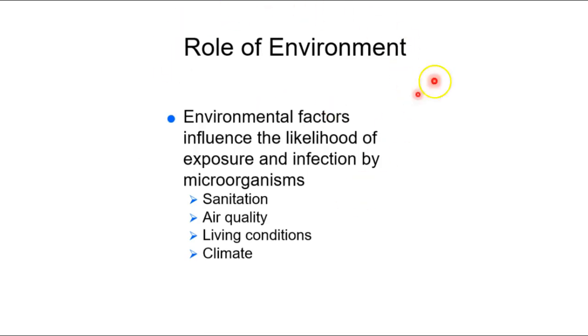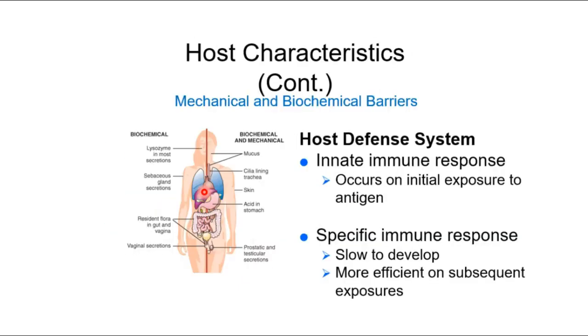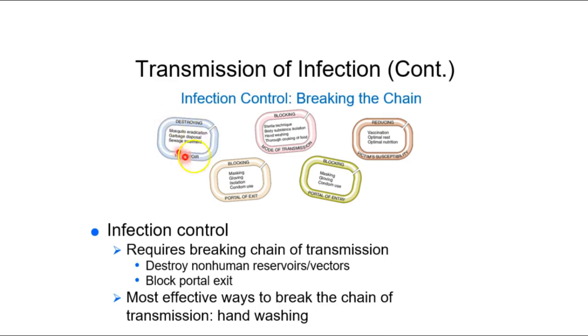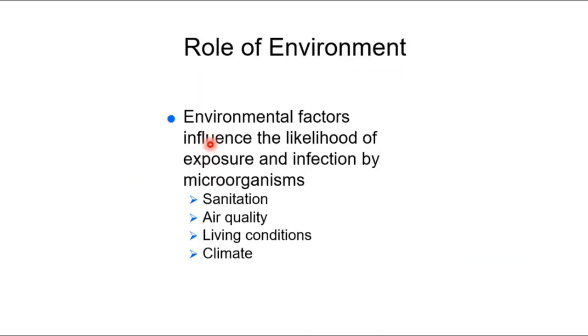And we already talked about the role of the environment, how sanitation, air quality, living conditions, and climate, just being healthy and wealthy, really, is going to play a major role in your susceptibility. As you can see, it's also going to be about the reservoir. If things are sanitary, then there aren't going to be reservoirs for diseases.